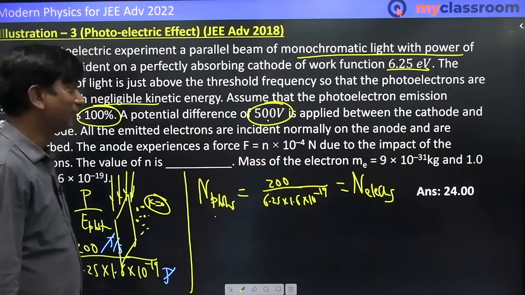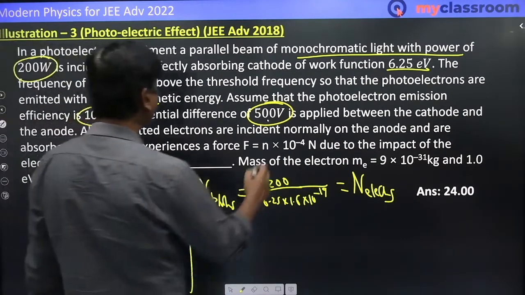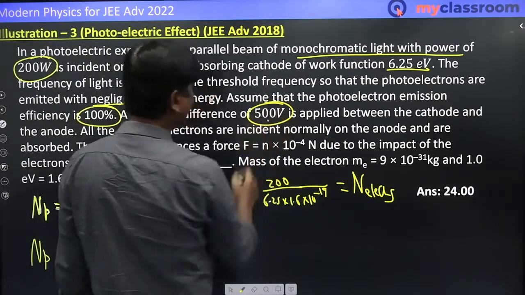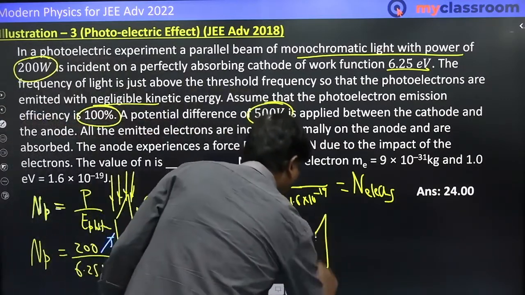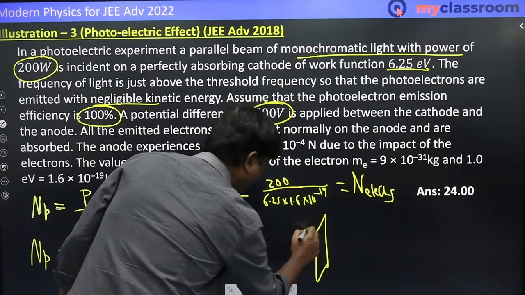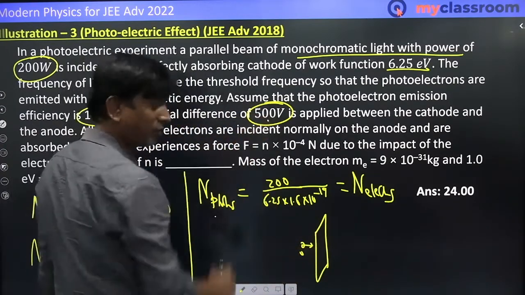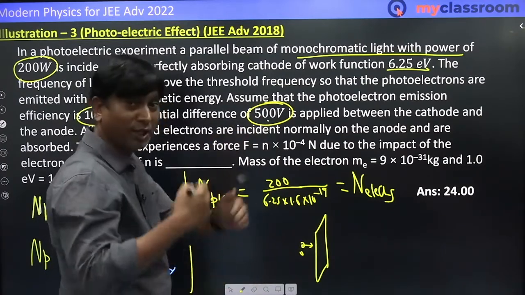Now, each electron's energy is how much? 500 electron volts. This is a metallic surface with an electron, and it has a kinetic energy of 500 electron volts because they are accelerated under a potential difference of 500 volts. Let K be the kinetic energy.